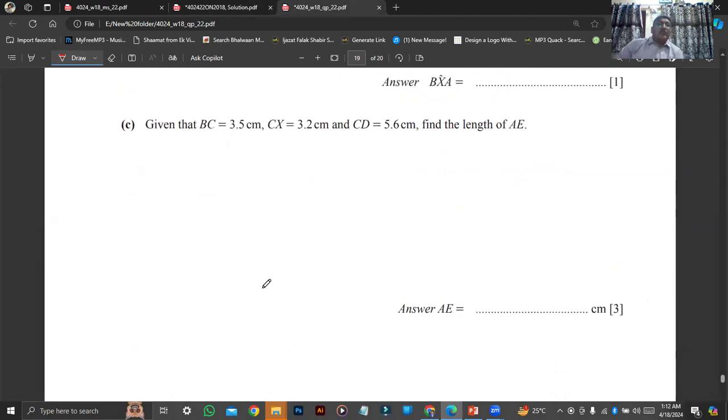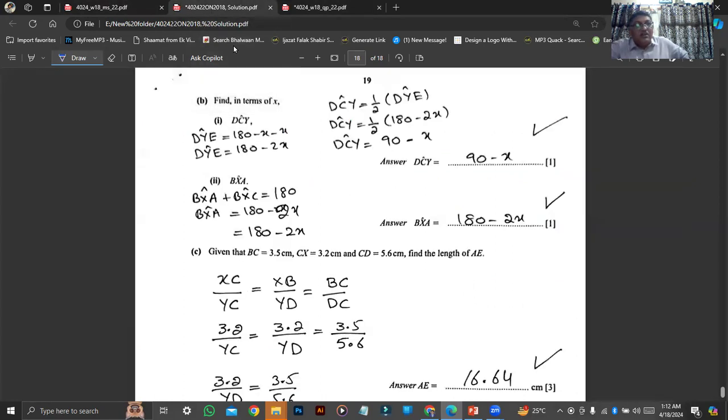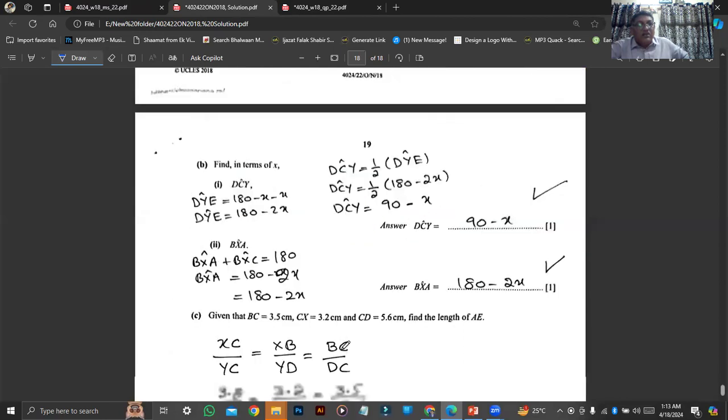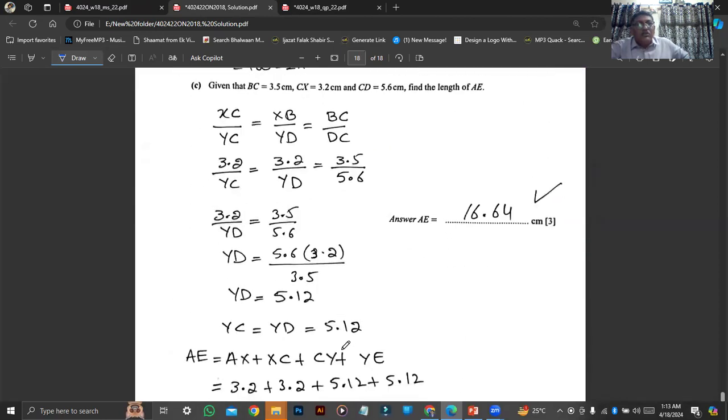Then he says, BC is 3.5 centimeter, CX is 3.2 centimeter, CD is 5.6 centimeter. Find the length of AE. So these values are given. Because, you know, XC divided by the YC is equal to the XB divided by the YD, equal to the BC divided by the DC.